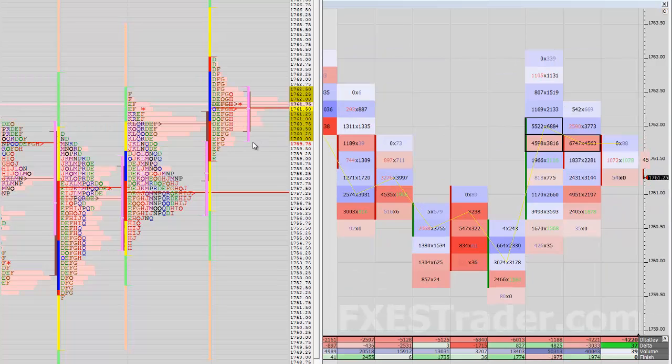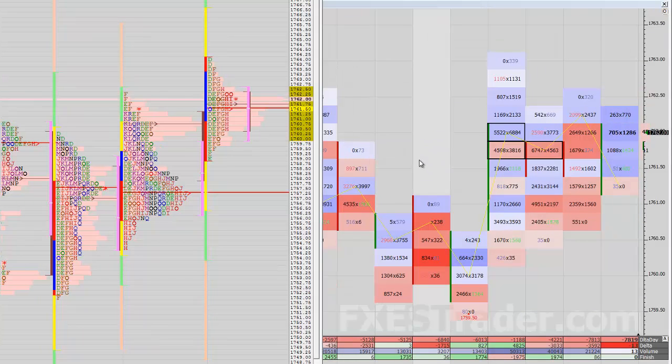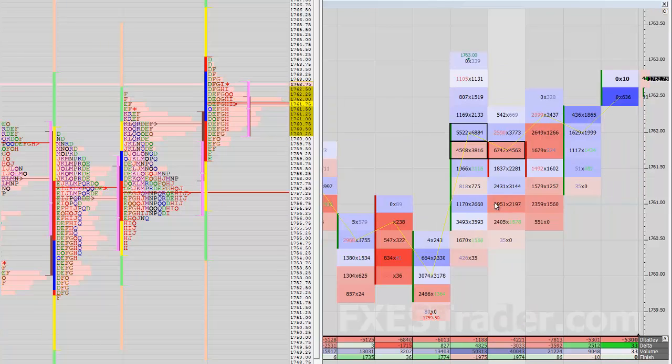So we had a contraction and an expansion of the developing value area on both of these. Really just looking for an open auction outside of range, and the day type just developing to be a neutral balanced type of day up here, but outside of the previous day's value area.